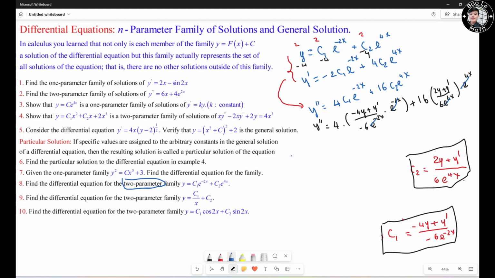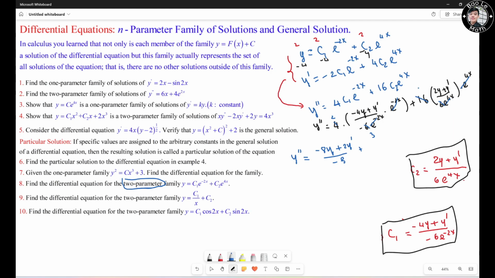So I have y double prime equals, I'm going to simplify this one. This turns out to be 2, and this turns out to be 3. So I have 2 times negative 4, which is negative 8y, plus 2y prime over negative 3, plus 16 times the other term, and these cancel out.